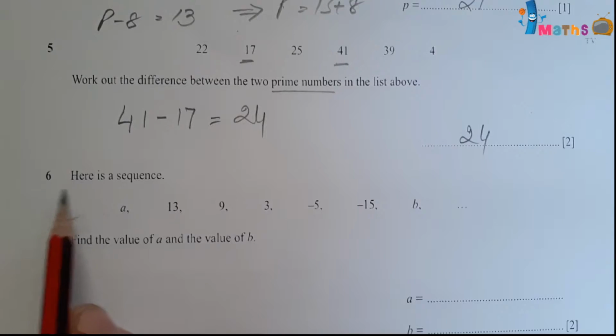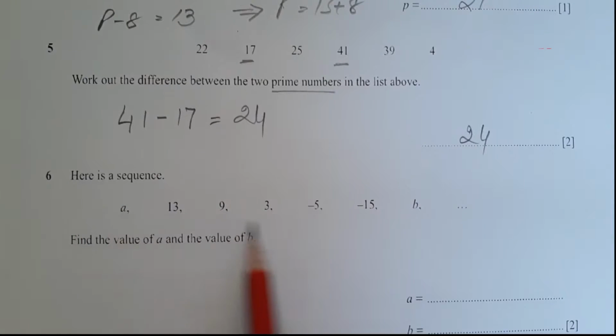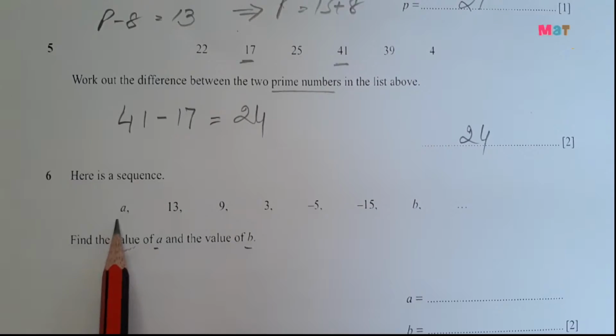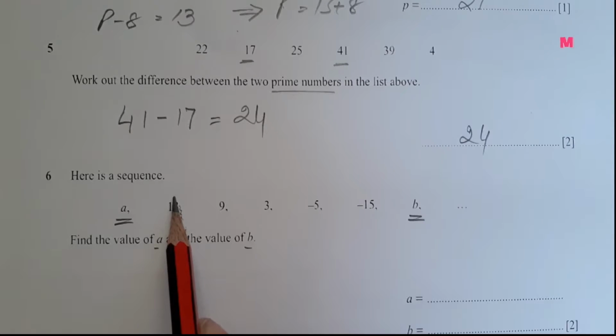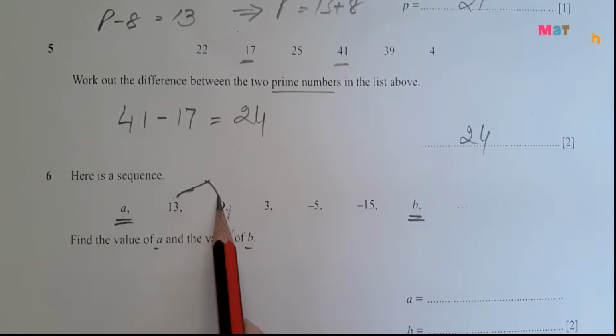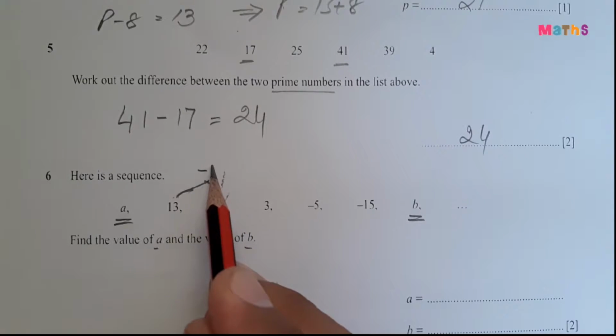Question number 6. Here is a sequence. This sequence is provided. Find the value of A and B. A is here and B is here. We need to find value of A and B. If we check this sequence, difference between this and this is minus 4.